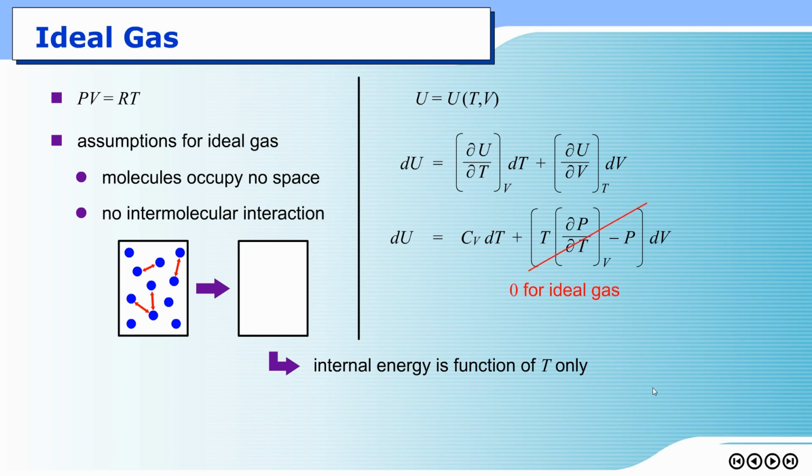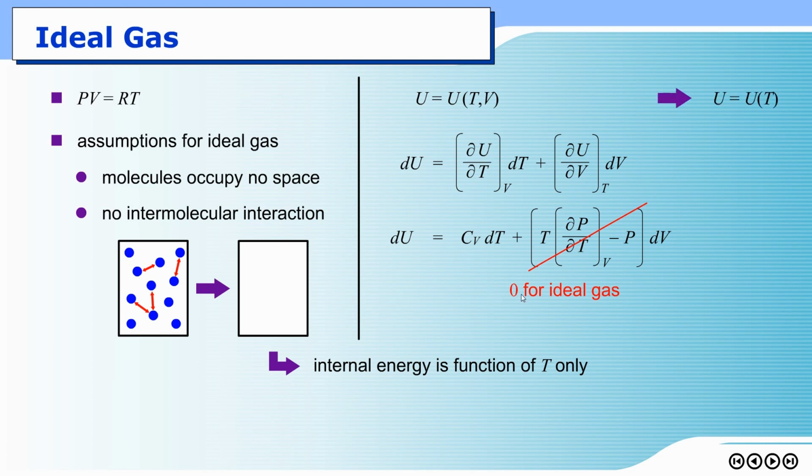For ideal gas, I showed you in lecture 2b or 2a that when you plug the relationship of ideal gas law into this derivative, the whole term becomes 0. So during that time, I also confirmed that for ideal gas, the internal energy is a function of temperature only.